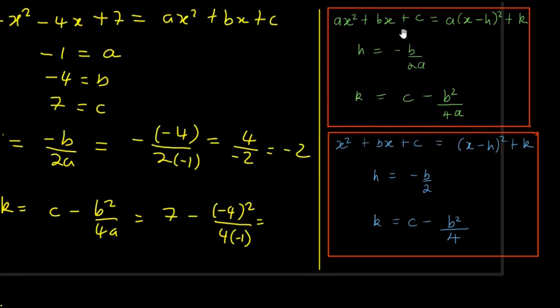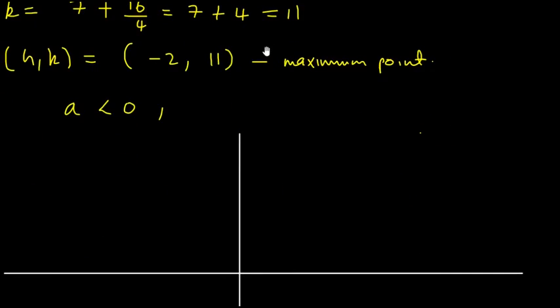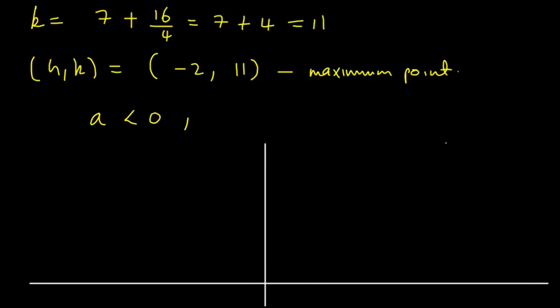Okay, let's first, so it becomes, okay, I forgot that part. So it's a(x minus h) squared plus k. So now a was minus 1, h is minus 2, which is now plus 2, squared plus k, which is 11.